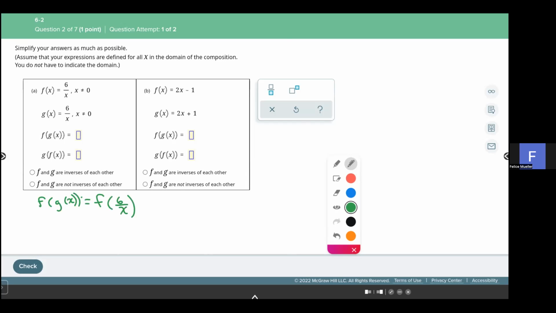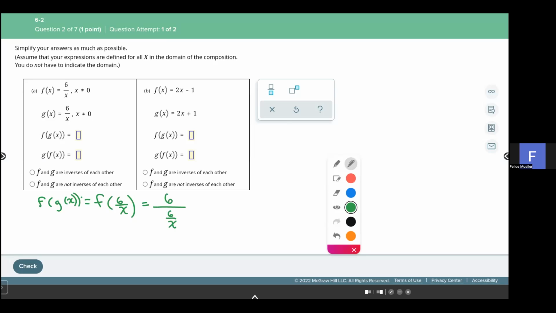So everywhere I see an x in f, I'm going to put 6 over x in there. So this would be 6 over, oh, I'm sorry, that's wrong. So this is going to be 6 over 6 over x.